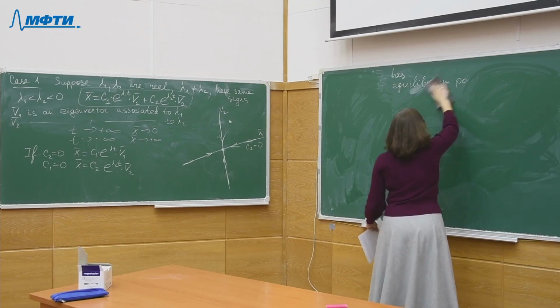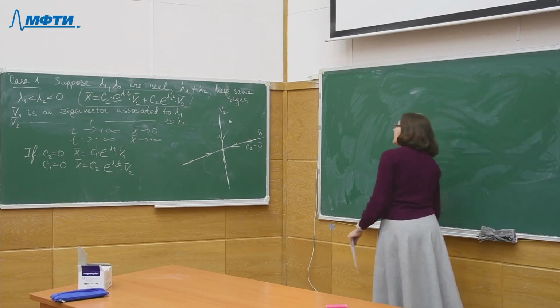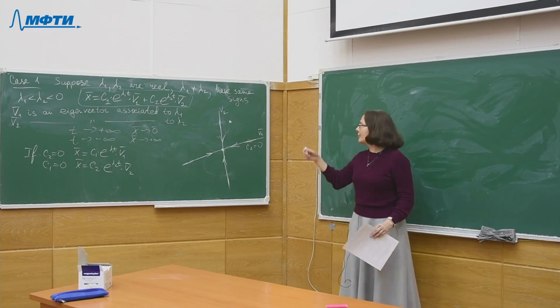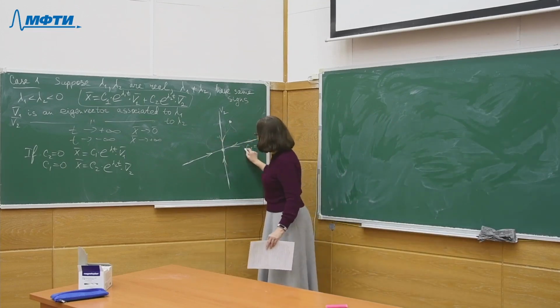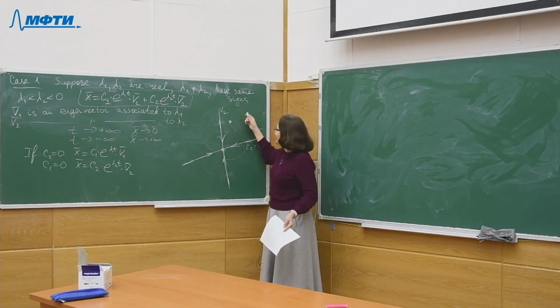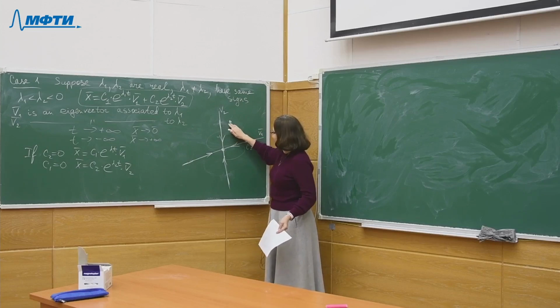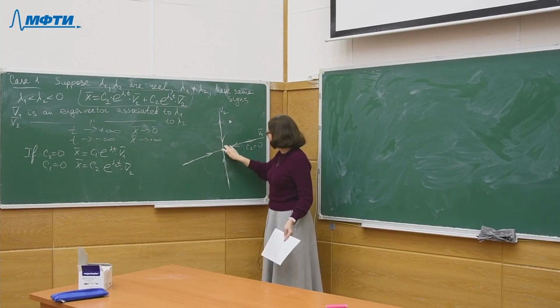All right, C1 and C2 are both non-zero, but I want to predict the behavior of this phase diagram. So it may go in such a way, right? But what happens with a trajectory? I want to know the qualitative pattern of this trajectory.